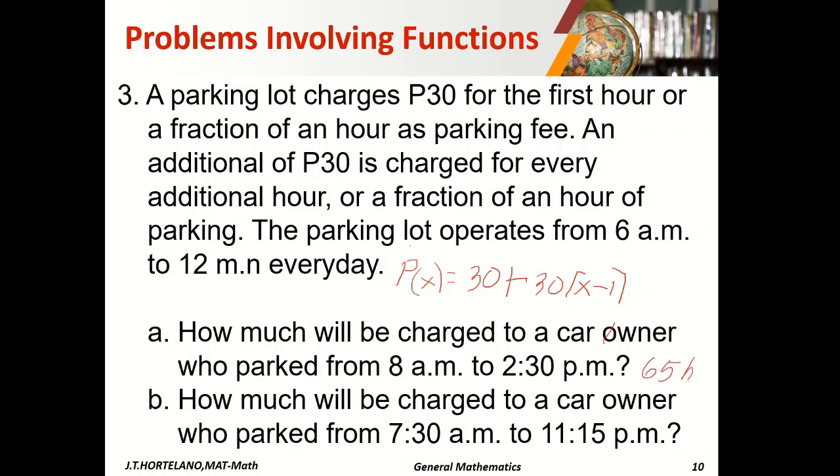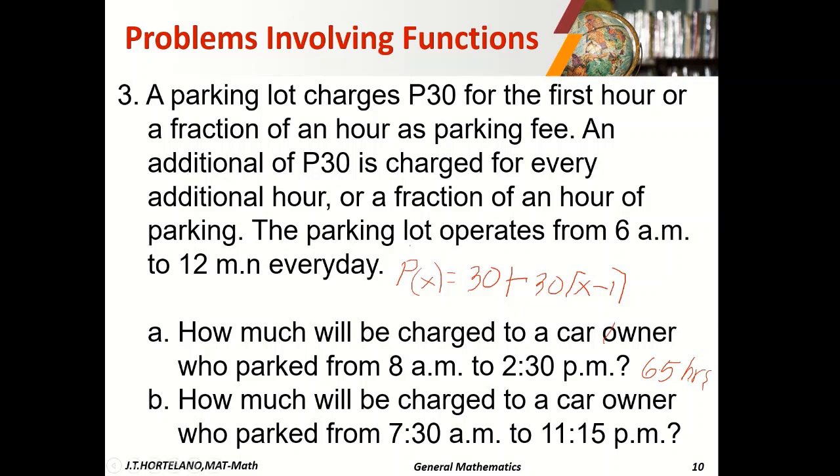Tatandaan natin 'yan. Ito naman merong 7:30 to 11:15. So 7:30 a.m. to 7:30 p.m. So ano lang agad yan? 12 hours na yun, di ba? So 7:30, 8:30, 9:30, 10:30, 11:30. So 12.